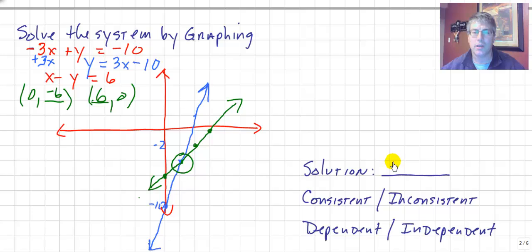So the solution to that system is the intersection of those two graphs at 2, -4, and that should work in both equations.